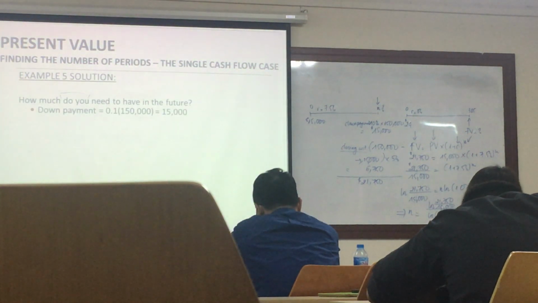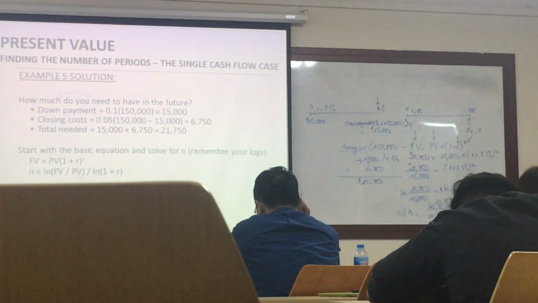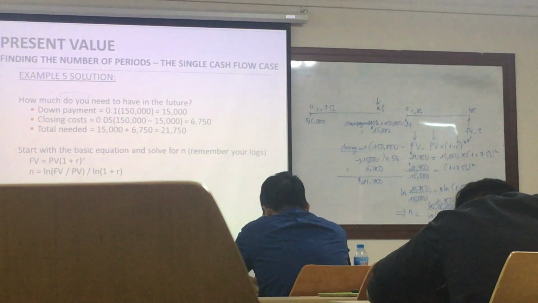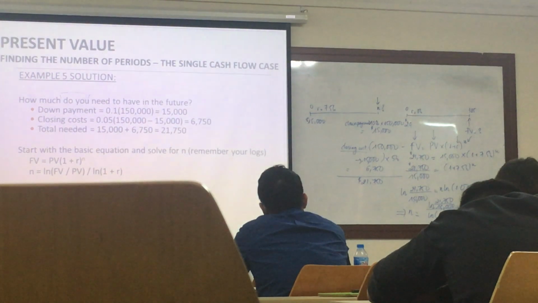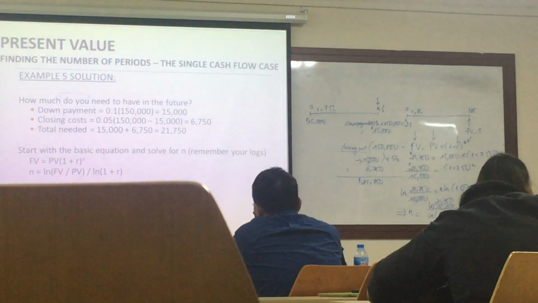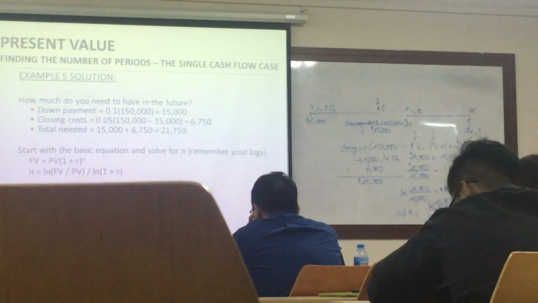So you will need 14 years to save the money to get enough 21,750 US dollars to buy the house. And the remaining will be borrowed from the bank.